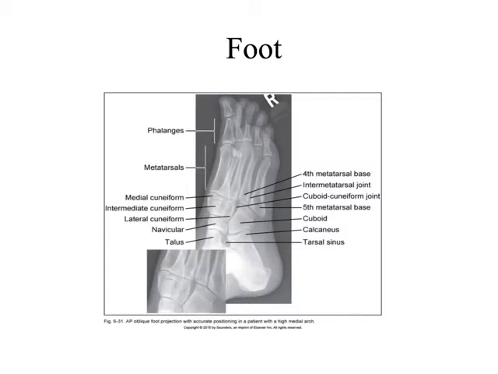We want to be able to see that sinus tarsi and the fifth metatarsal tuberosity. Okay, what the heck are we talking about? Sinus tarsi right here, fifth metatarsal tuberosity. That's how we know if we've got an oblique image, right?